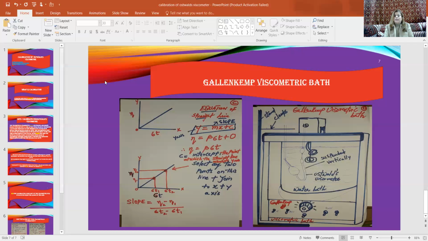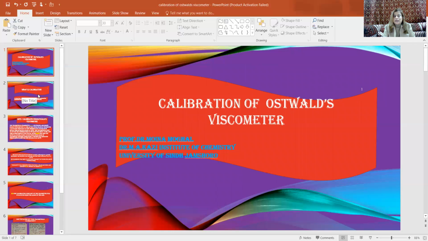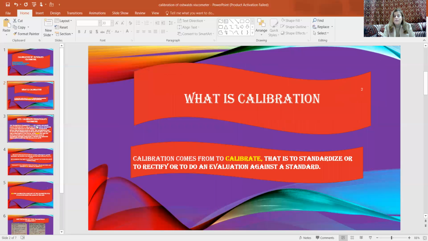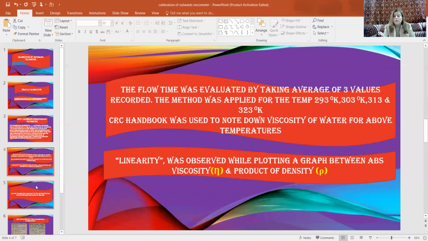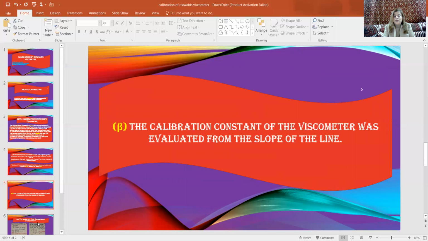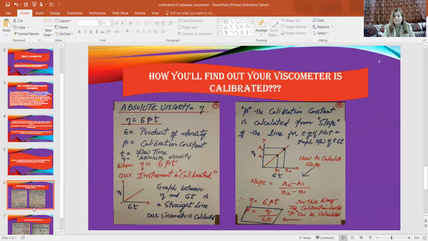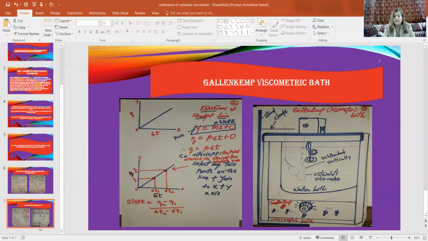So today, I think I've been quite helpful in explaining it to you. All these slides were helpful, and you will read them properly and go through them and see how simple it was and how nicely you can do it. With the help of only these 7 slides, you have learned how to calibrate your viscometer, right?